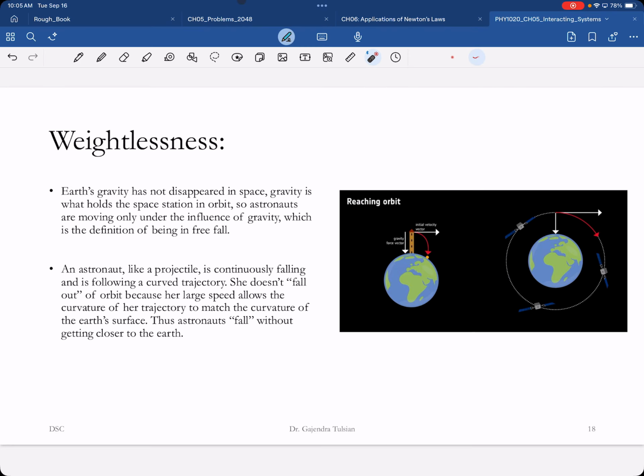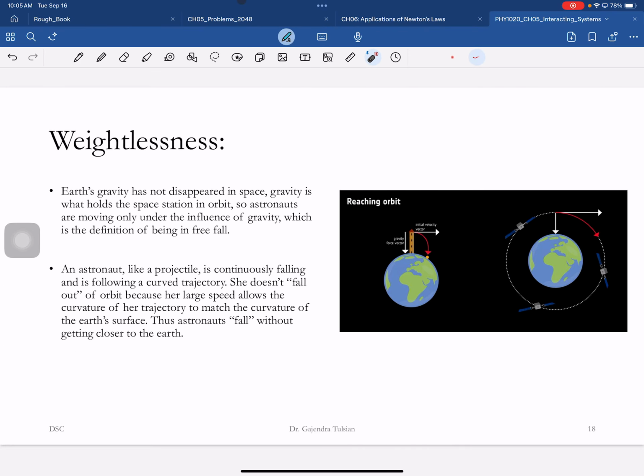If I shoot it at greater than 8 kilometers a second, it will gain elevation. If I shoot it at more than 11 kilometers a second, then it'll escape Earth's gravity.